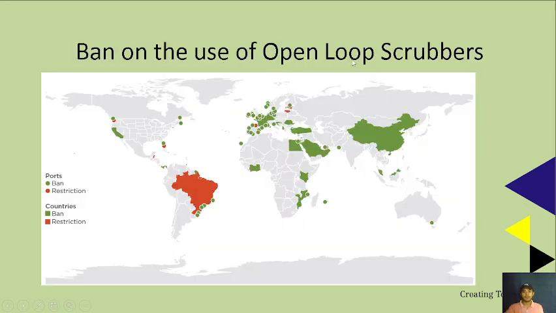For the ban of the use of open loop scrubbers, green marks a ban and red-orange marks a restriction. Brazil is a restricted area in some other parts. China is a banned area for using open loop scrubbers.